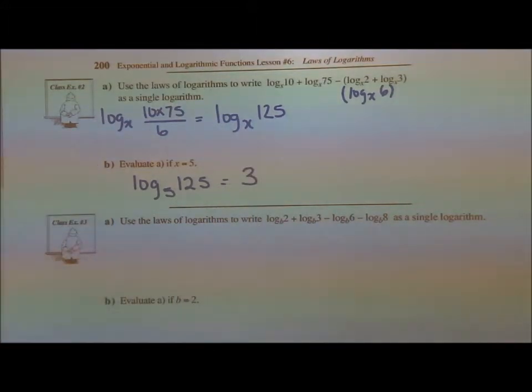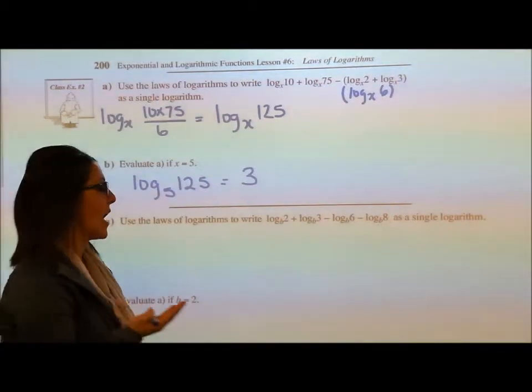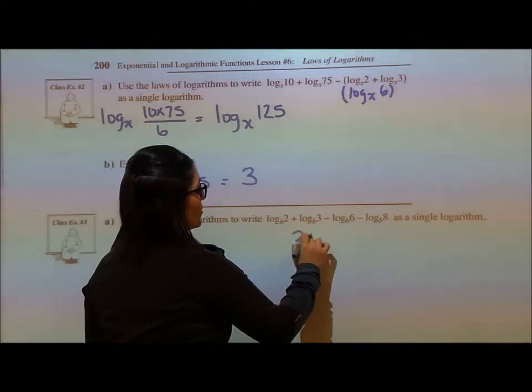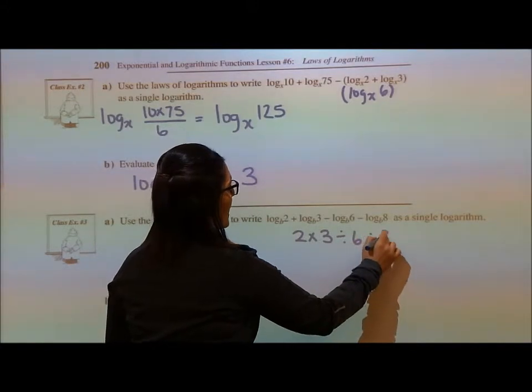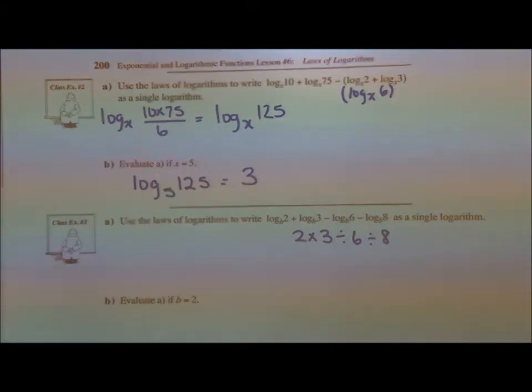Okay. Class example number 3 has something added to it that can really start to mess things up. Because if I follow my laws, I end up having 2 times 3 divided by 6 divided by 8. When you have those two divisions, it can tend to mess things up.